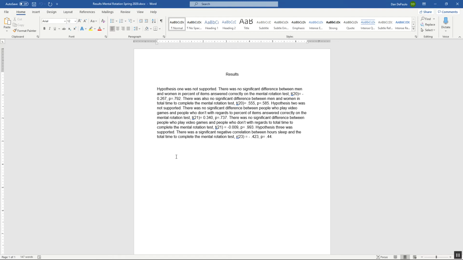So to not find a difference between men and women with such a small sample, that's common. If I would have made this 100 people or 200 people, would I have found a difference? I don't know. Based on this significance value, this is not even close to 0.05, it's 0.792. Based on how bad the significance level is, chances are I would have found nothing, even if I increased the sample.